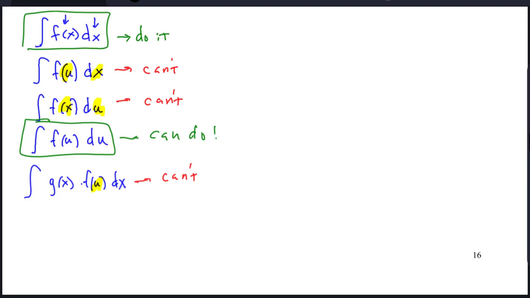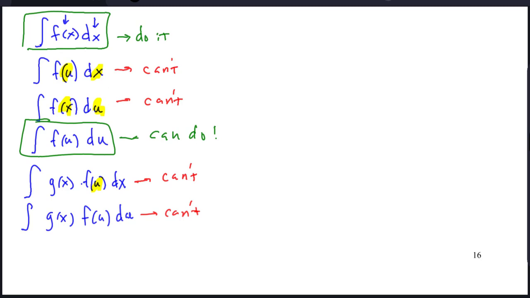And very similar to that one is the integral of g of x, f of u du. So most of it is in terms of u and du, but still we can't integrate it because the whole thing has to be in terms of all u's, the functions about u and the differentials about du, or the functions about x and the differential about dx.